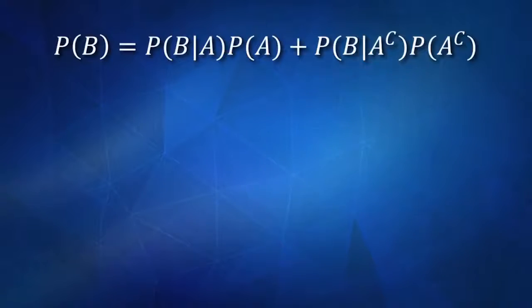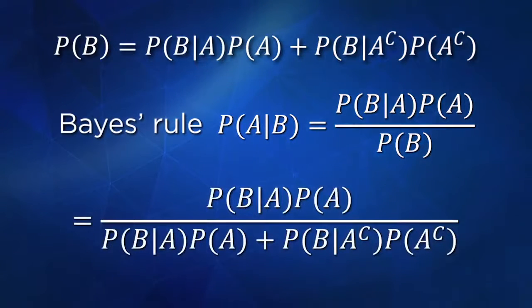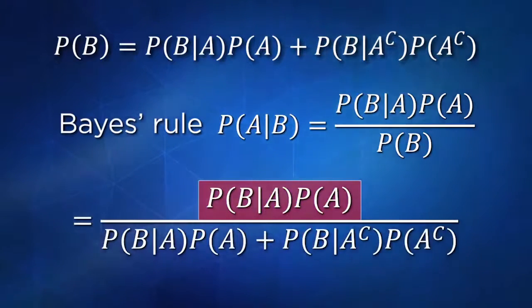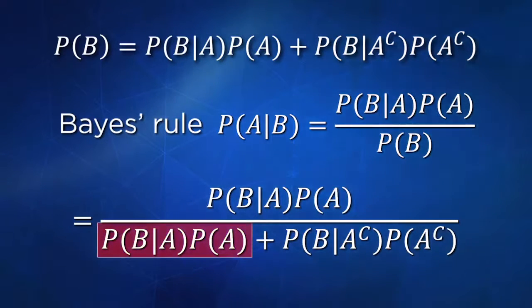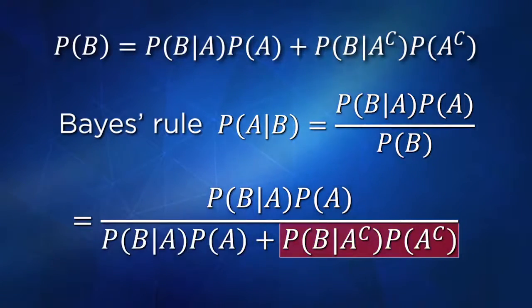Put that on your denominator and you'll see another form of Bayes' rule, where we can write the conditional probability of A given B as P of B given A times P of A all over the sum of P of B given A times P of A plus P of B given A complement times P of A complement.